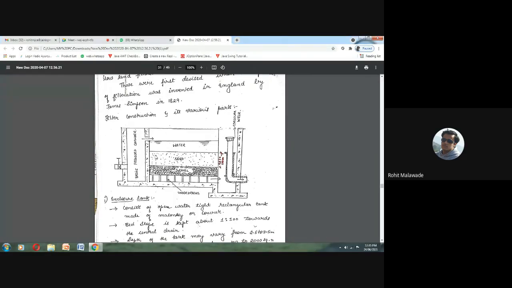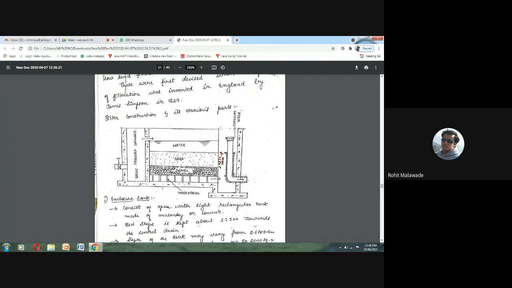So here we have finer sand at the top and coarser at the bottom. Similarly, finer gravel at the top and then coarser at the bottom. In the gravel we may use anthracite, or we may use granite, so that it can hold the maximum weight.